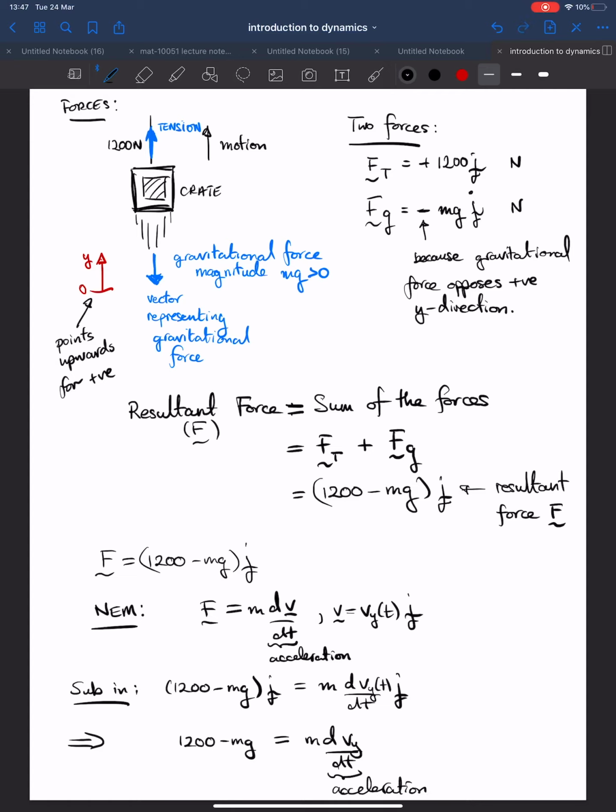Okay, we just need to rearrange this so that we get the following. Divide by m, and what we get is this. So what was m? I think m was 100 kilograms. Let's write this in, 100 kg.